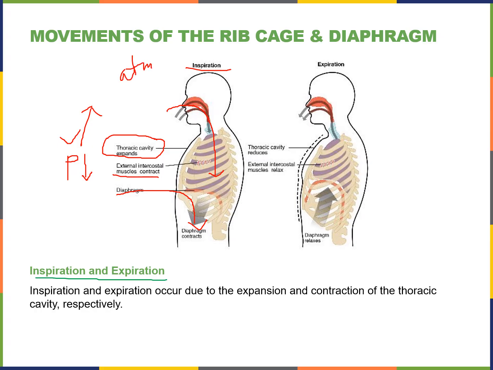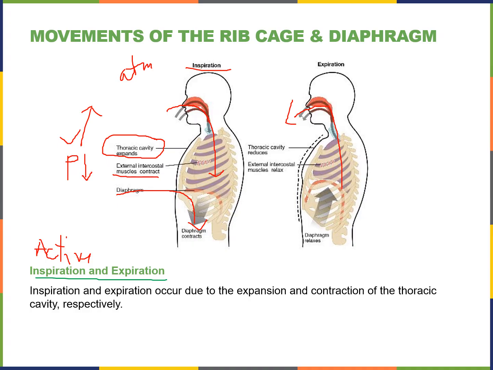And once that happens, remember, air moves from high pressure to low pressure. So air will start to flow back out. So inspiration is an active process. You have to make it happen. So that's active. But expiration is a passive process.